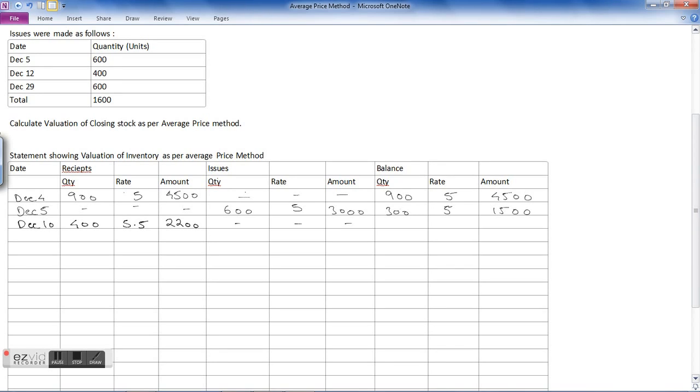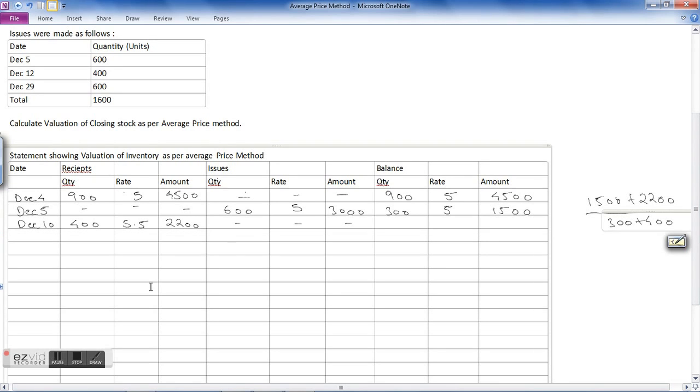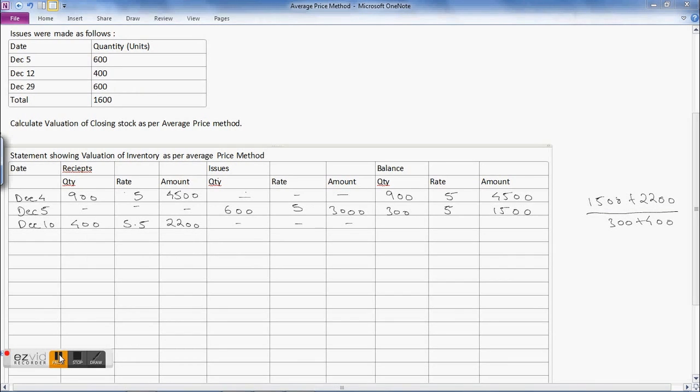Now we calculate the average stock. So average stock will be 1,500, that is stock as on December 5, plus 2,200, divided by 300 plus 400. In short, we are calculating the weighted average. That comes to 3,700 divided by 700.